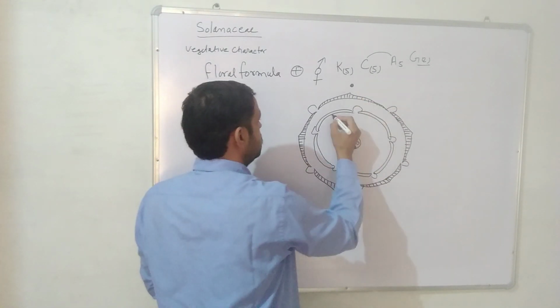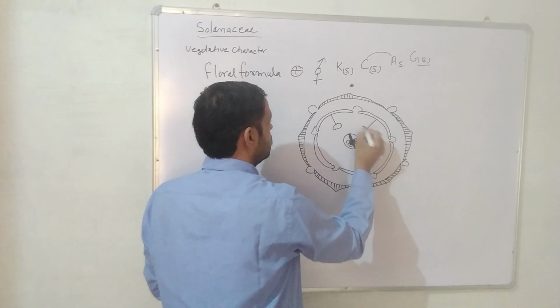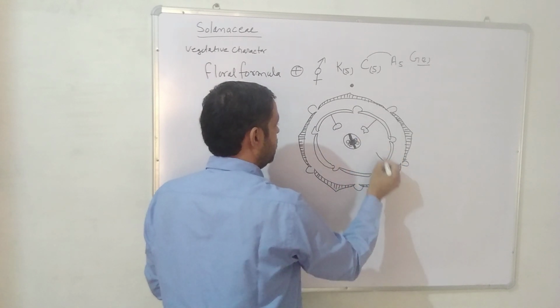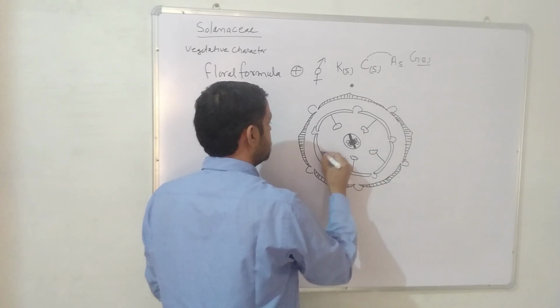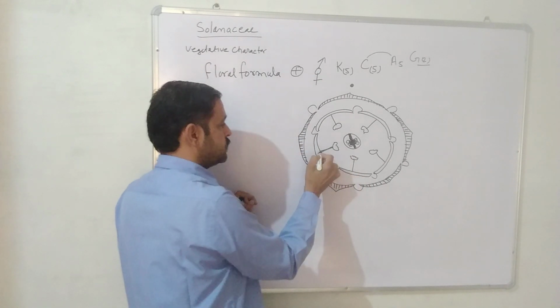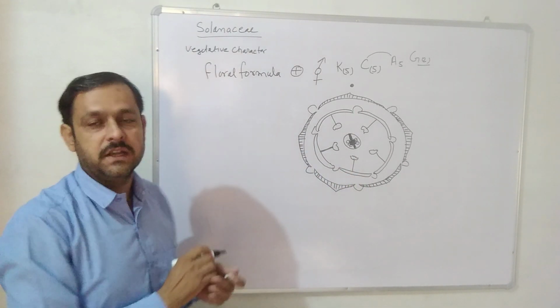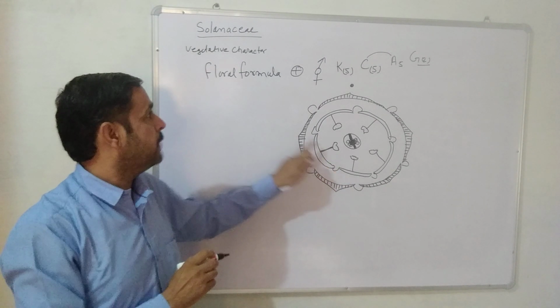Now androecium. Whenever we say they are epipetalous, it means these stamens are attached to petals. This condition is called epipetalous.